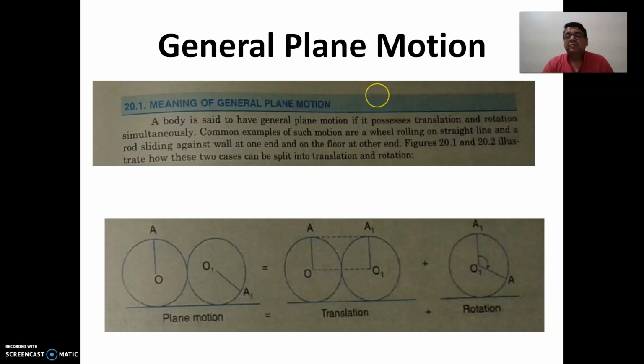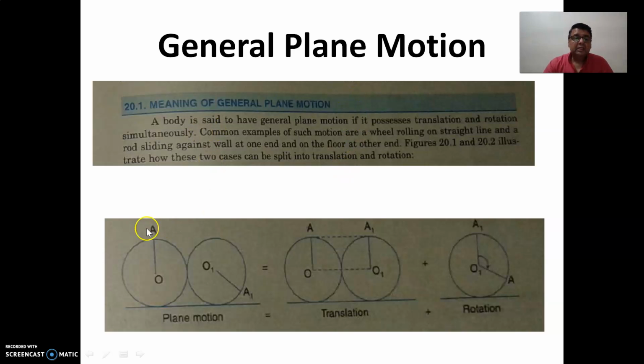So whenever we have to solve any numericals based upon general plane motion, the strategy will be to solve the numerical in two ways. We have to divide that numerical into translatory motion, and after that we have to apply the rotational method.